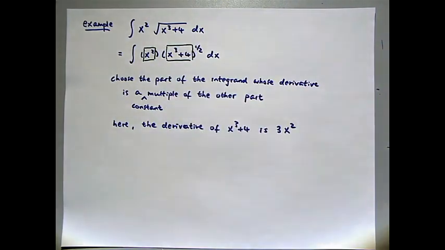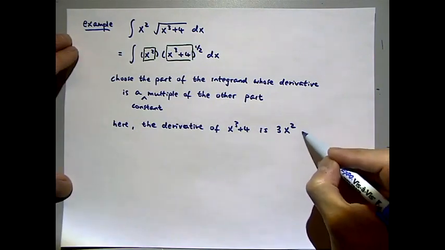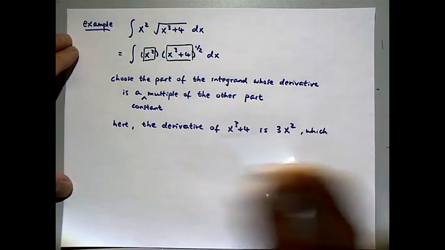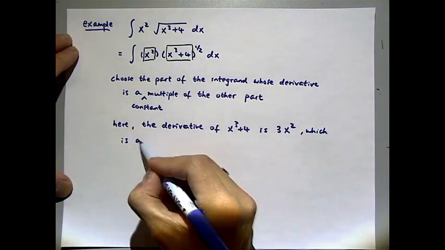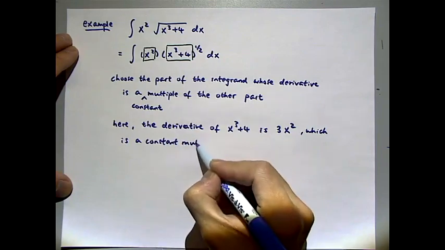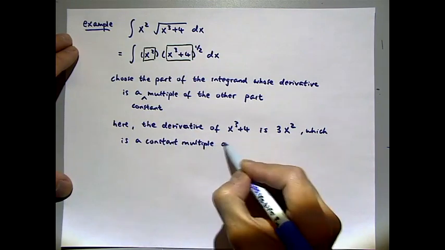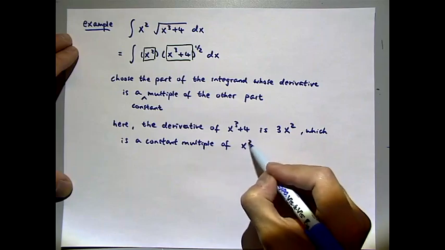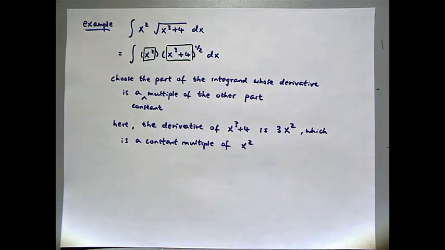So that's what we mean by a constant multiple of x squared. I've got x squared and x cubed plus 4.